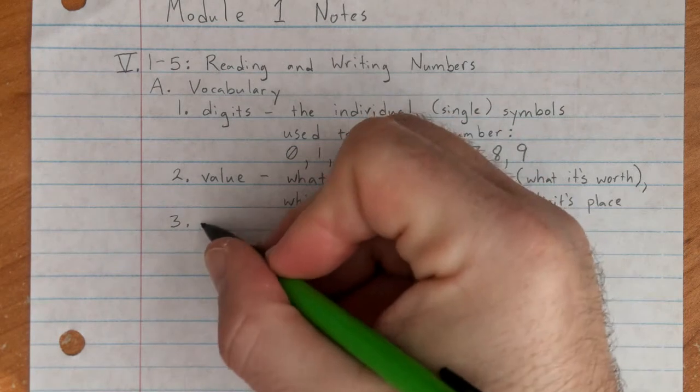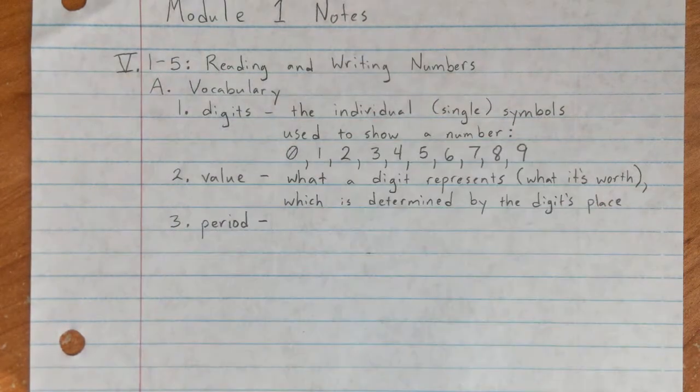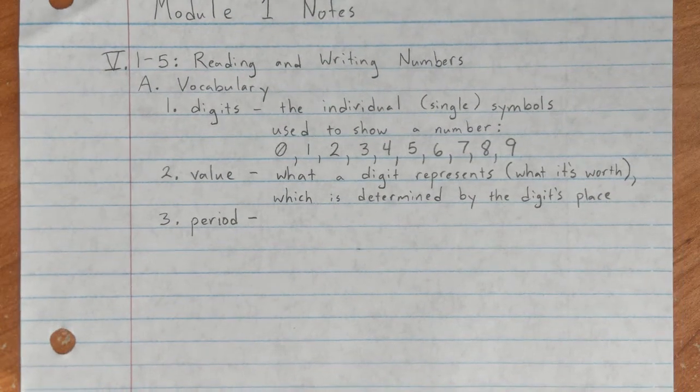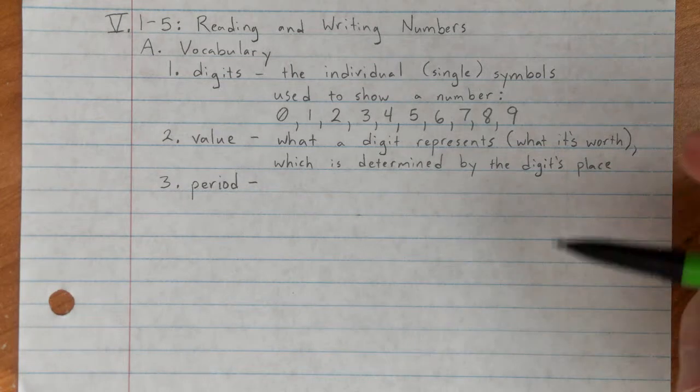Okay, moving on. Number 3, period. Now this is not going to be like the period at the end of a sentence. This is more like the period in a hockey game, or think about going to school and having different class periods. You are going to be breaking something into groups.